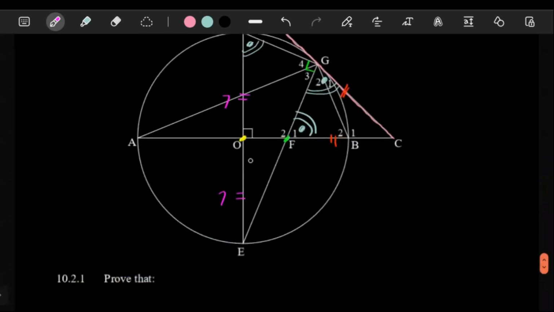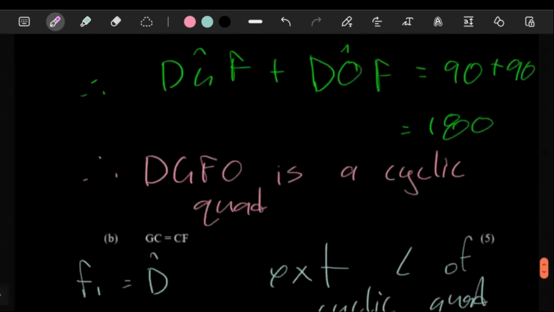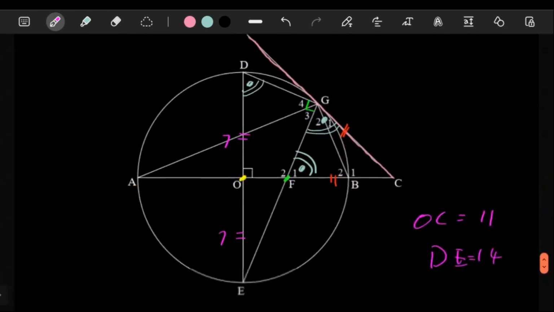OC is equal to 11. DE is equal to 14. That all being said, they're asking for BC. BC is this small piece over here.